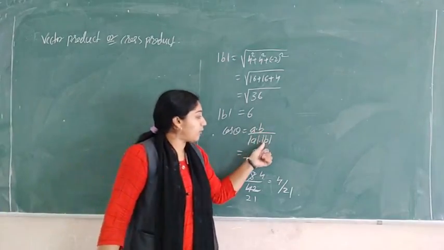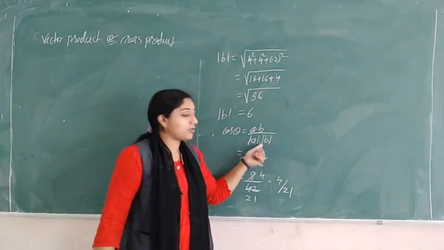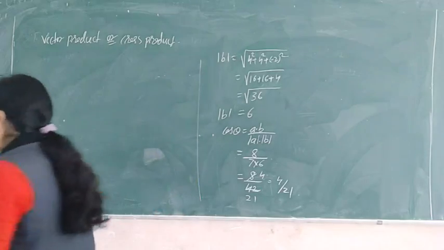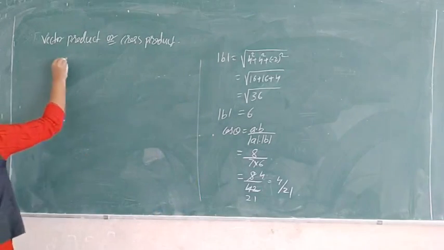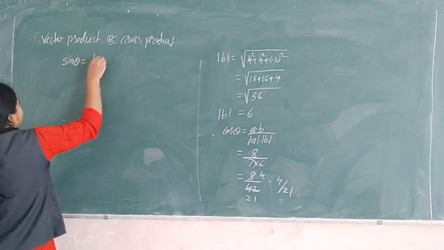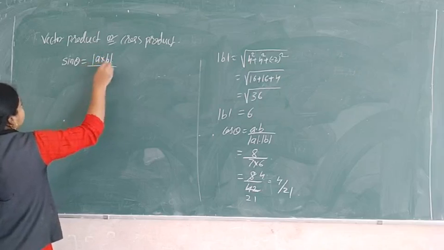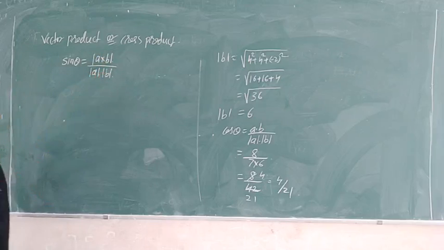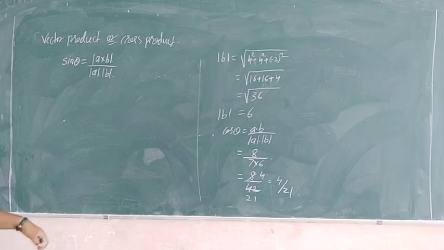Cos theta is equal to A dot B divided by modulus of A modulus of B. Here the cosine angle is there. In vector product or cross product, it is given by sin theta is equal to modulus of A cross B divided by modulus of A modulus of B.